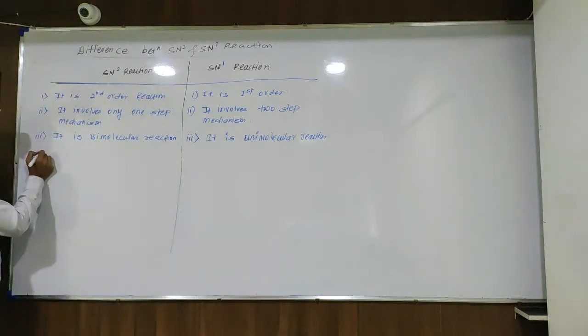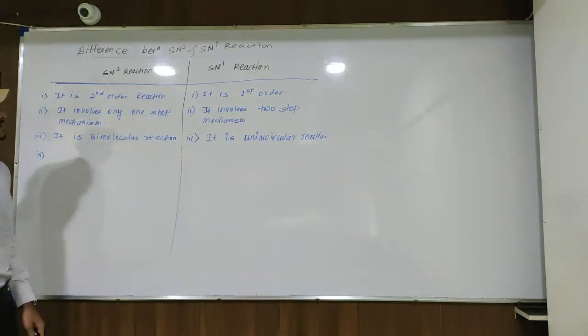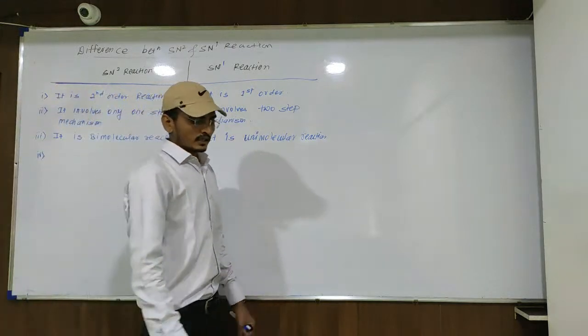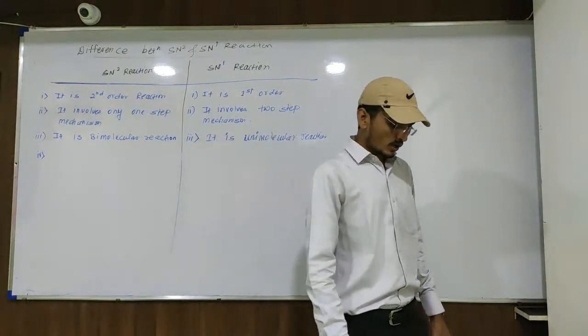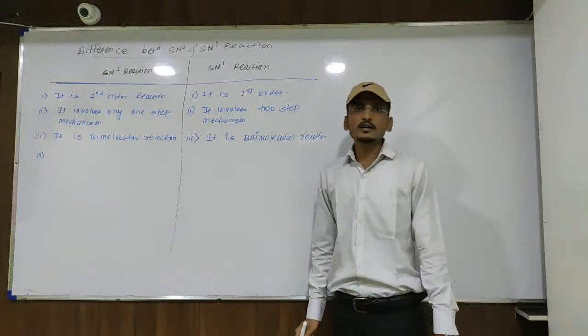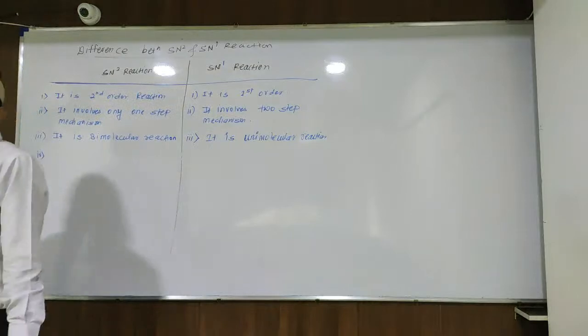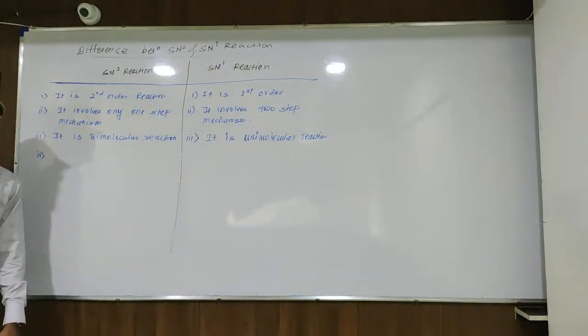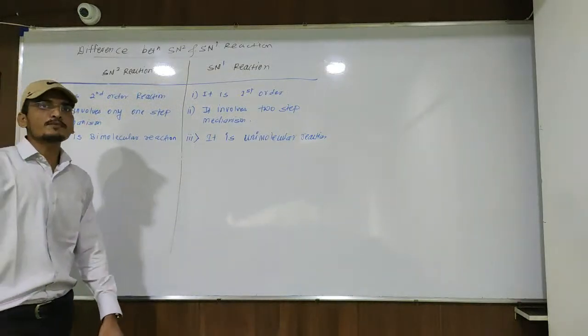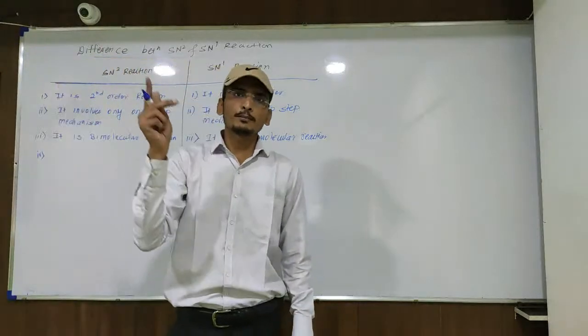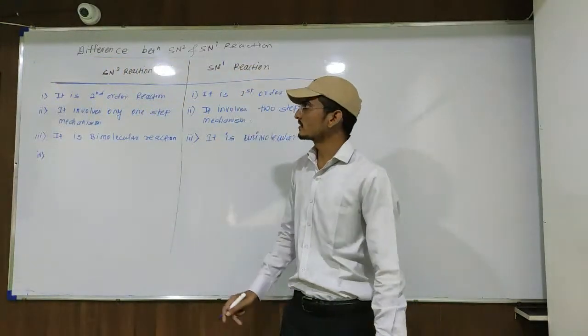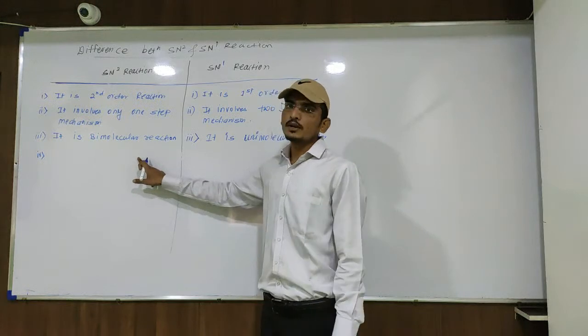Okay. So what about the next point here? In the case of the SN2 reaction, you know that the reaction is one step and only one transition state is formed in the reaction. There is a breaking of the C-Br bond and formation of the C-OH bond, and both processes take place simultaneously in the SN2 reaction.